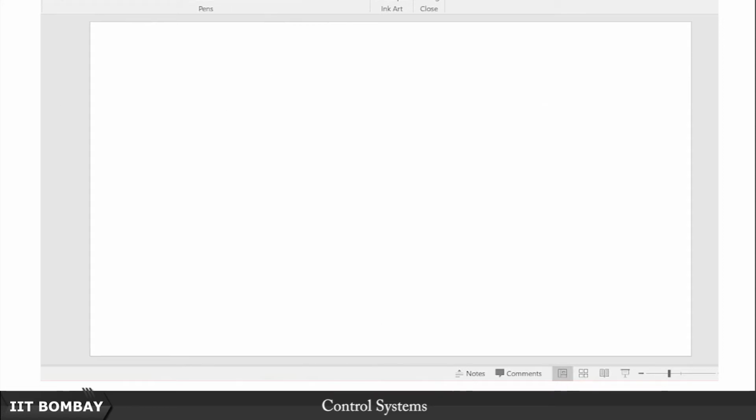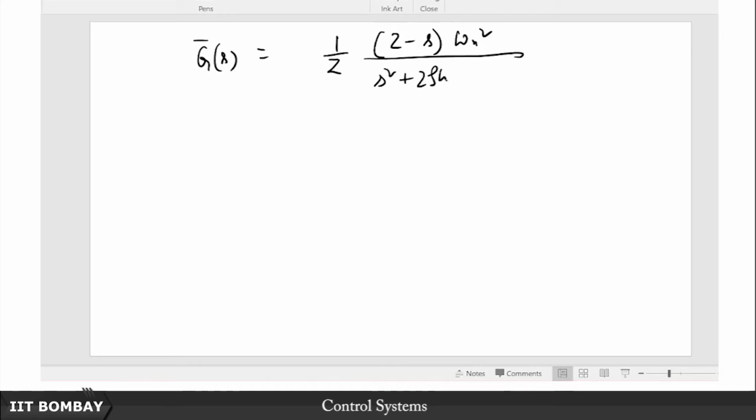So if I just modify that a bit, I'm going to call it, let's say, G bar of s, which is nothing but 1 by z, (z minus s) times omega n squared upon s squared plus 2 zeta omega n s plus omega n squared.